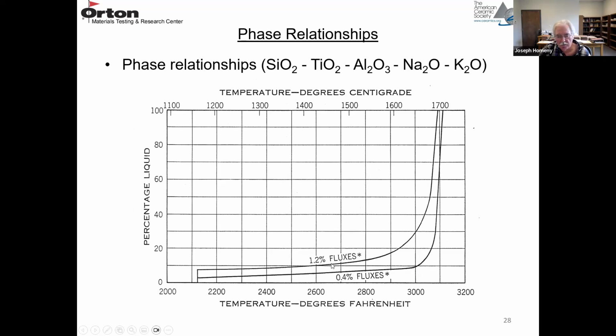And then 1.2% fluxes at 1650, you're already at 30 volume percent. Any increase in temperature really increases the liquid content. High purity silica refractories will hold their hot strength and creep resistance and hold a load as long as you have very low flux content. They'll be pretty good to about 1650 degrees C.